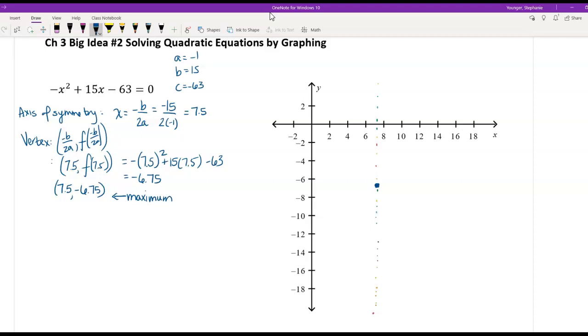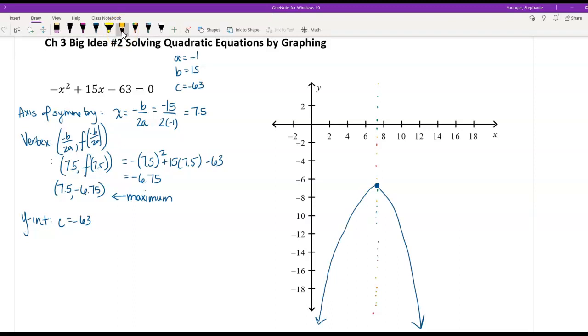We will not have any value above, and then our y-intercept is C, which is -63. Wow. Do I even have room for -63? No. So when I draw this smooth curve, I'm going to get close to that y-axis, but I'm actually not going to touch it.